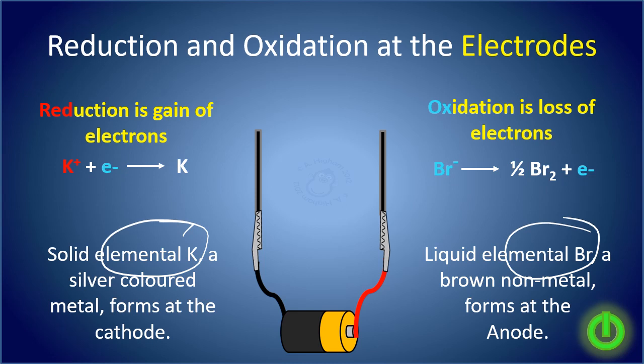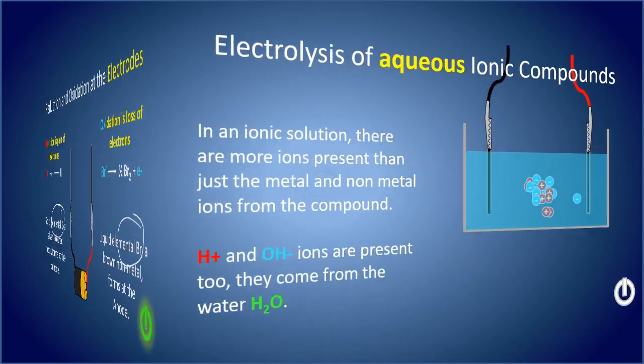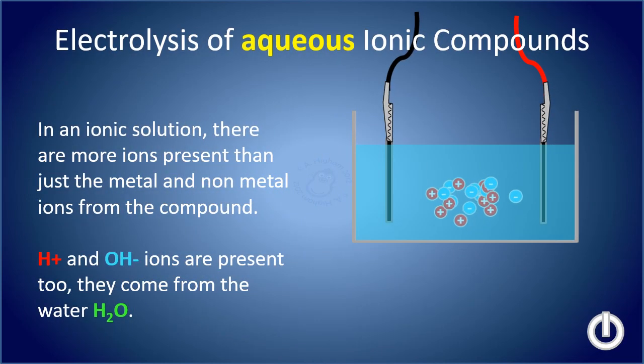Bromine is a brown non-metal, and the potassium is a silver metal. That pretty much covers the molten ionic compounds, because molten ionic compounds are relatively straightforward: you should only have the positive metal ions and the negative non-metal ions.